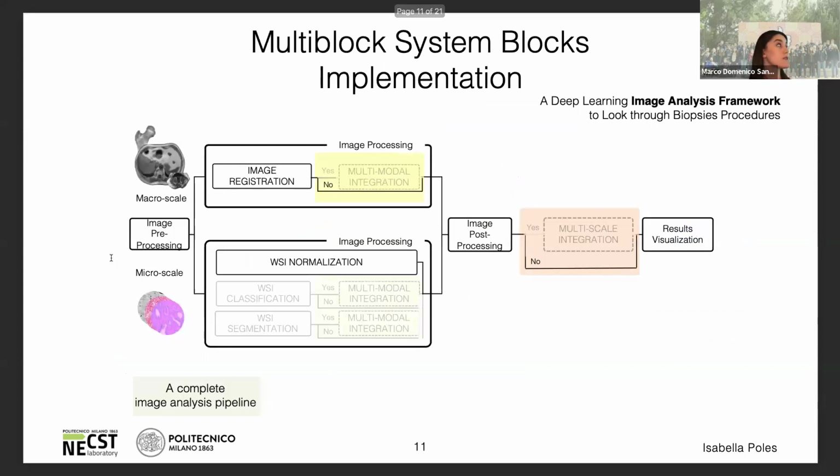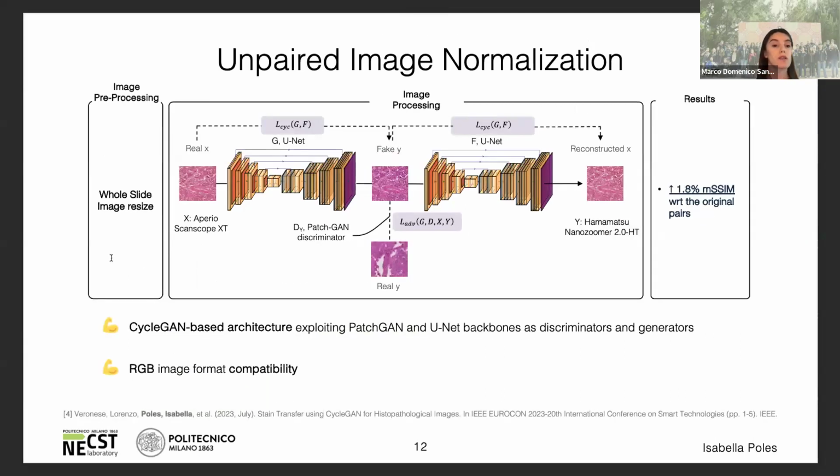At this point, we decided to step down to the microscale, and we try to tackle the problem that afflicts histopathology images, which could lie in different color domains when acquired with different microscopy scanners.